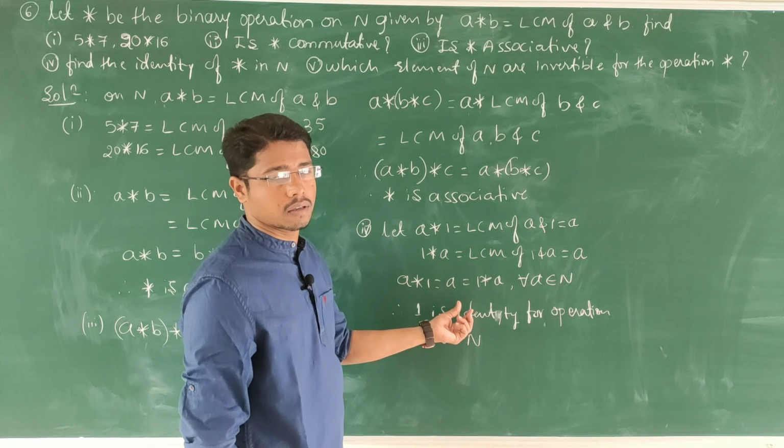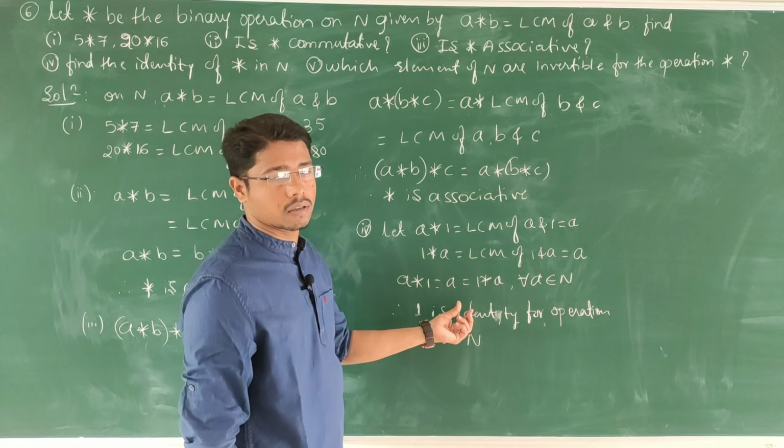Okay, next question: which elements of N are invertible for the operation star? For an element to be invertible, when we operate two elements we should get the identity element.